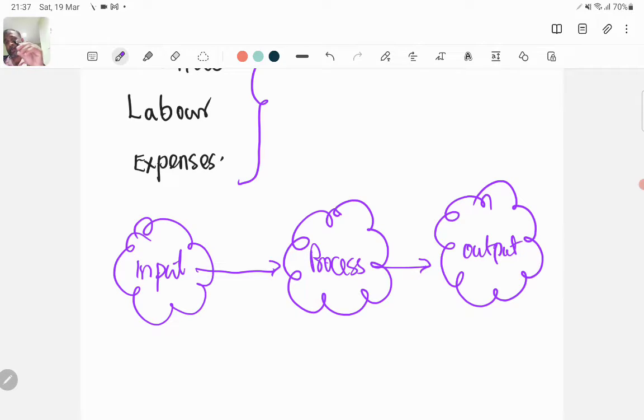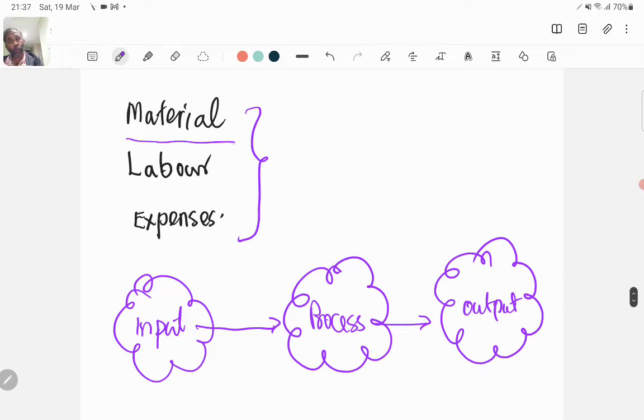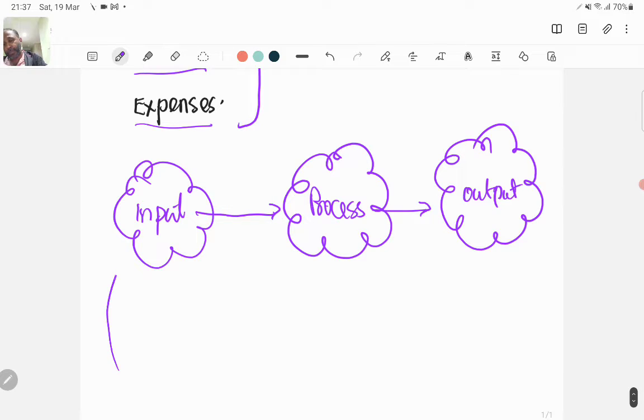So these three elements that I was talking about are part of the inputs. I would be giving material as one input, and I would also be consuming labor as part of the input. As the manufacturing process goes on, some elements we may have to introduce at the very beginning, some at regular intervals, some at a given point of time.